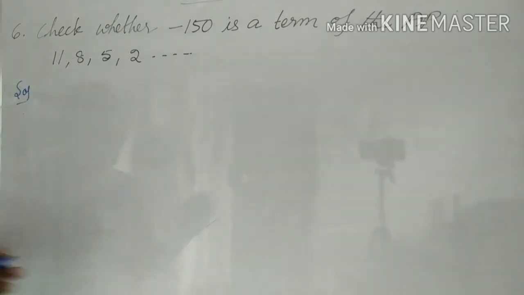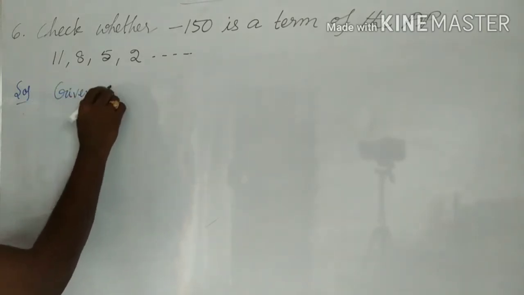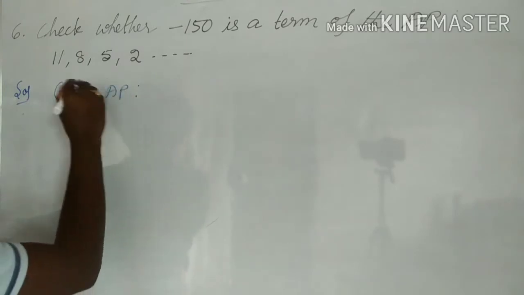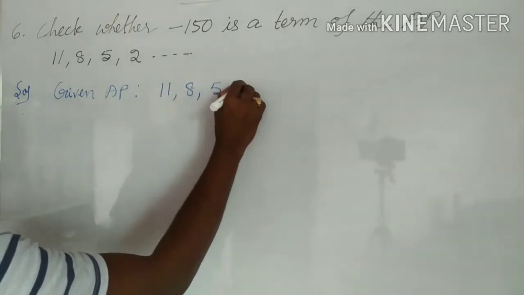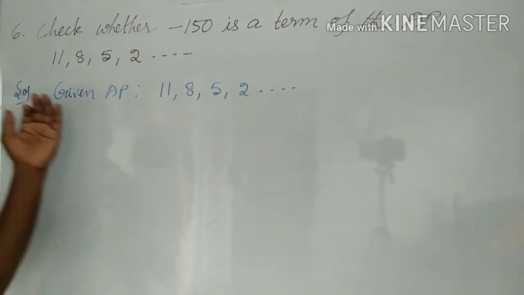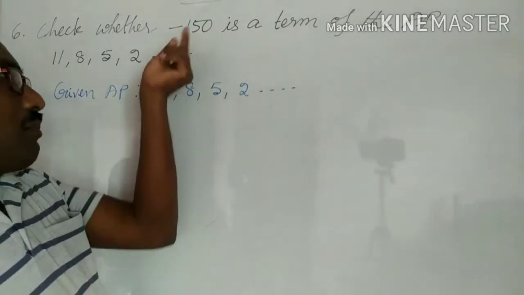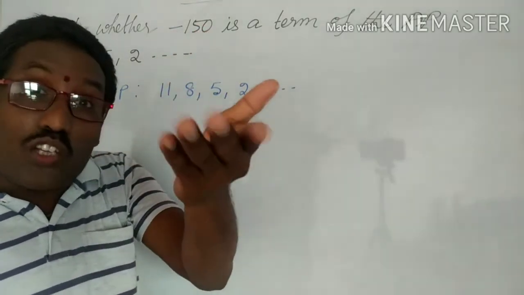This is the given AP. What is that AP? 11, 8, 5, 2 and so on.